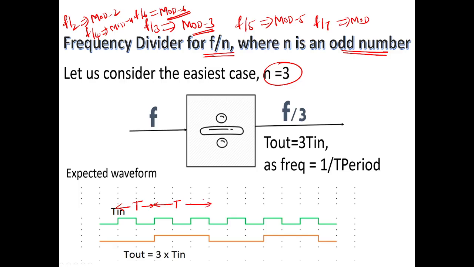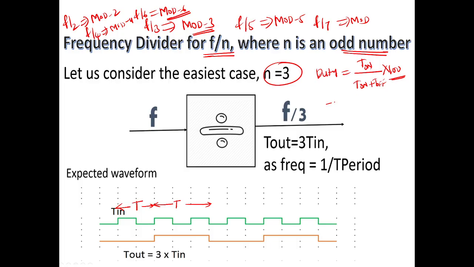Then there is the duty cycle. What is duty cycle? Duty cycle equals T on by T on plus T off.